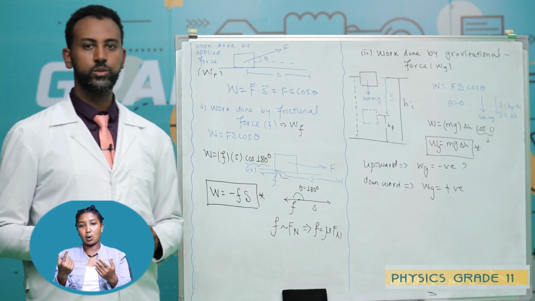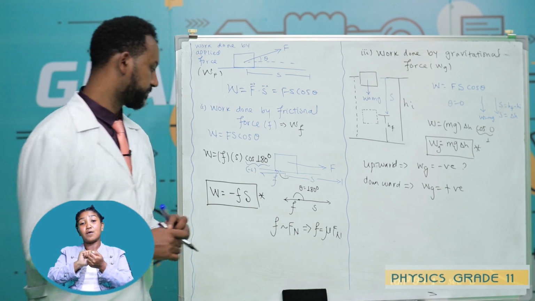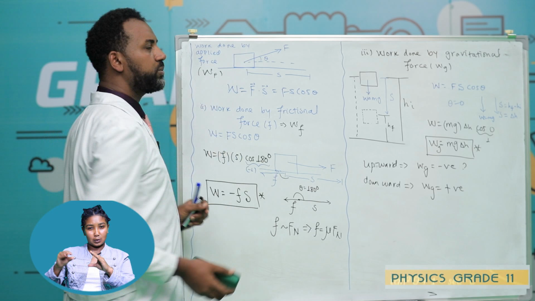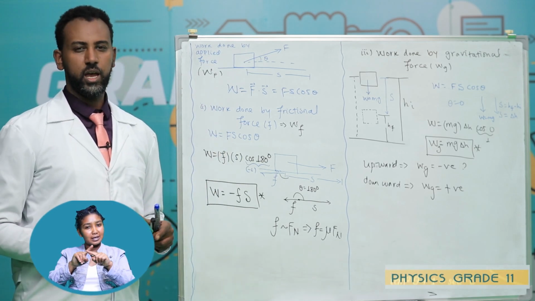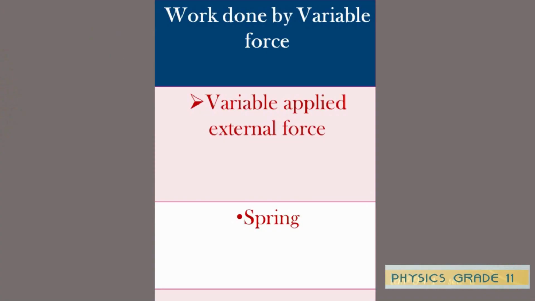But now let's try to see the work done by variable force. Students, can you mention at least an example of a variable force? A variable force is a force which varies or depends on time.